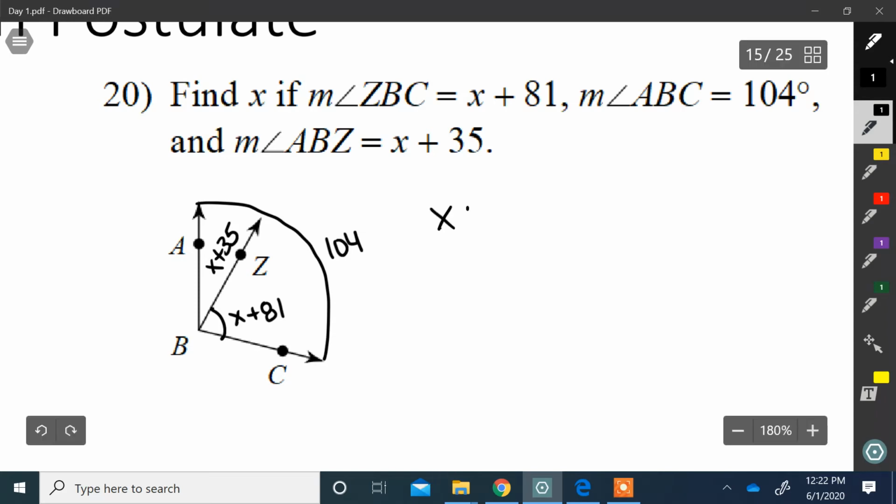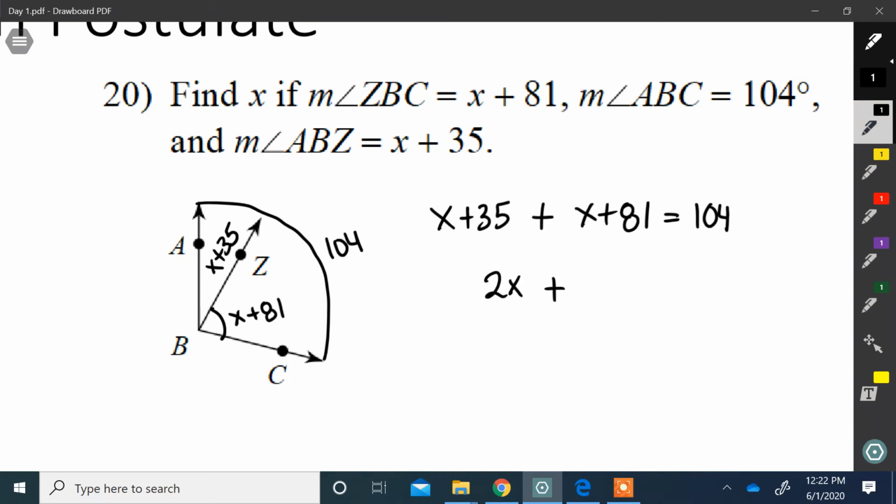Okay, so x plus 35 plus x plus 81 is going to equal 104. We have 2x plus, we're going to add that 35 plus that 81. Well, we should get 126.